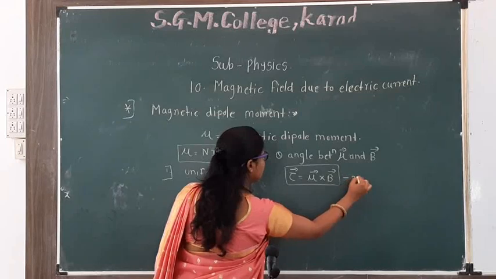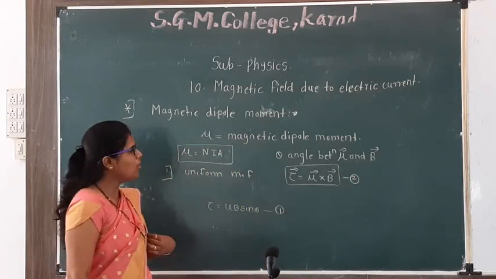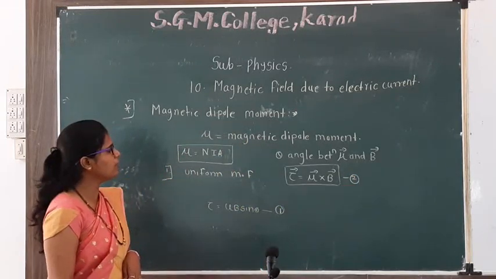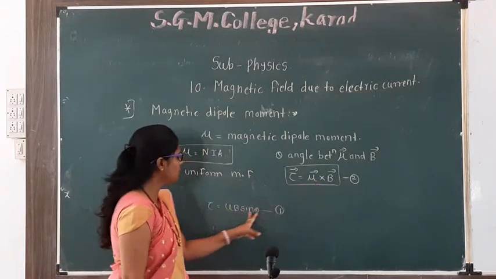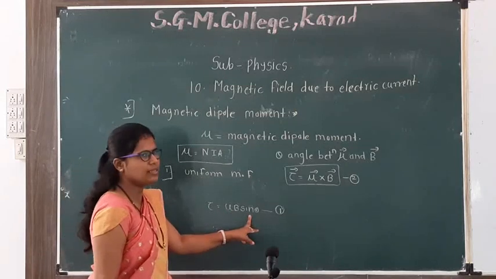This is the torque due to the magnetic dipole moment. It is a vector product of two vectors, so we can write it as mu B sin theta.